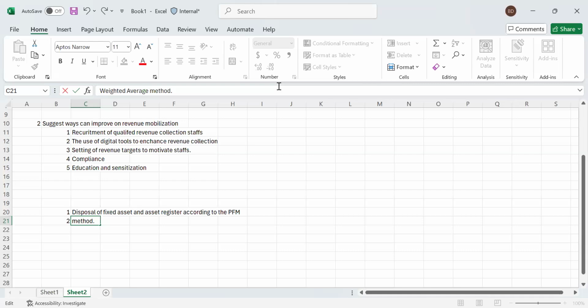The reason why the weighted average method is very popular is that it serves as a level playing field. That is to say, it doesn't overprice inventory or underprice inventories. So it serves as a middle ground.